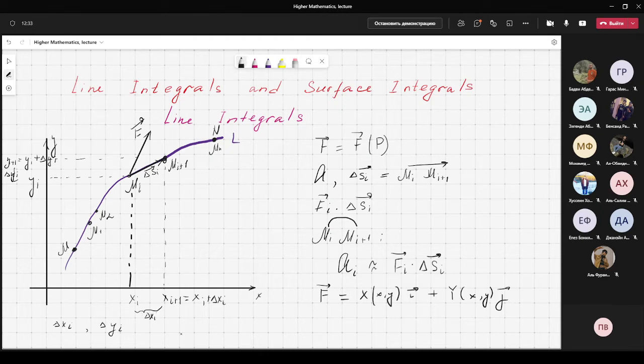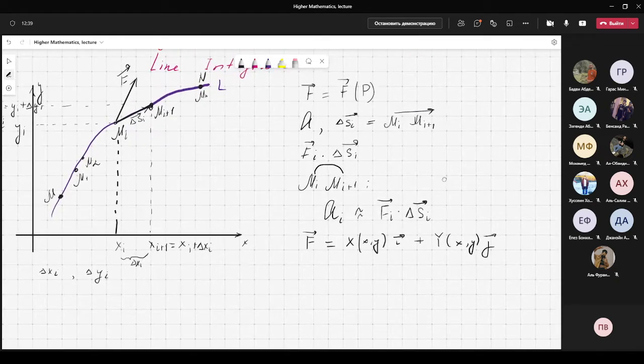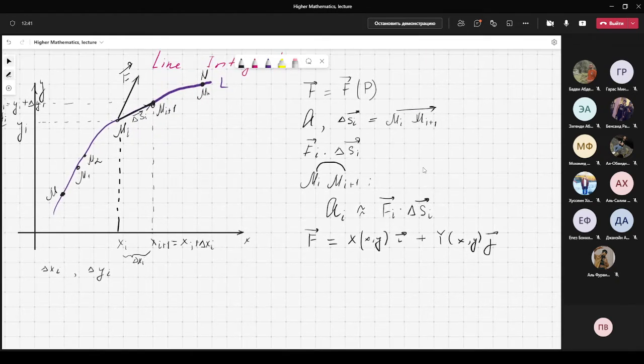We get delta S i equals delta x i times i plus delta y i times j.